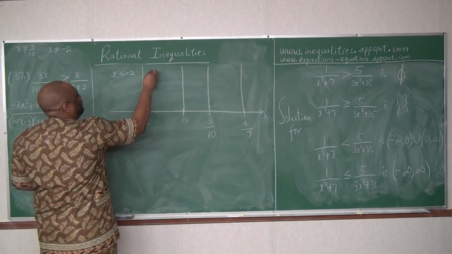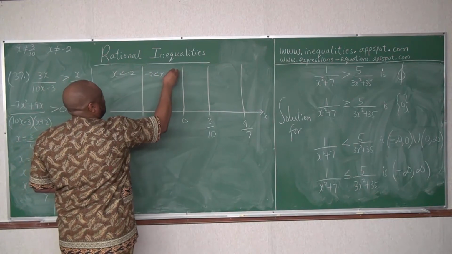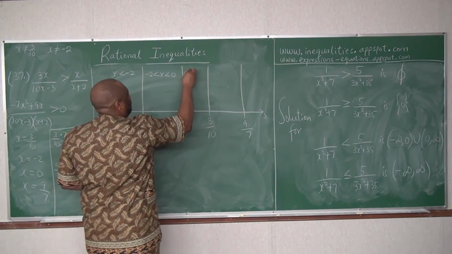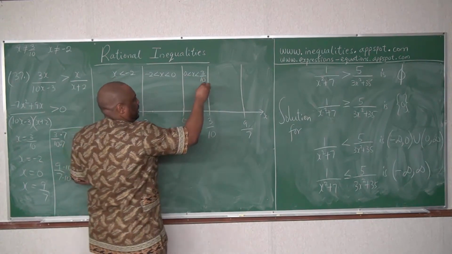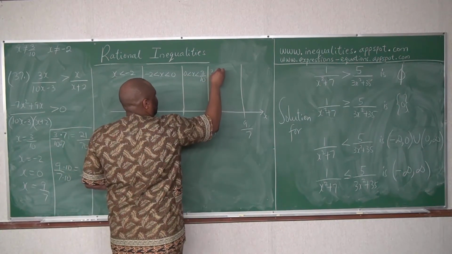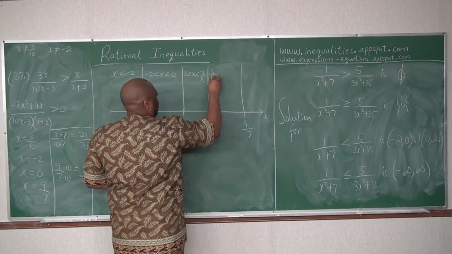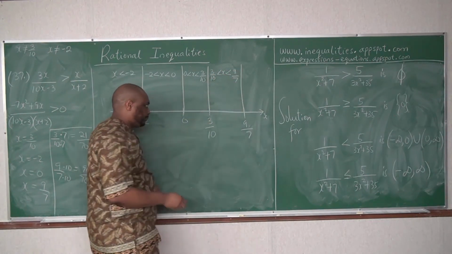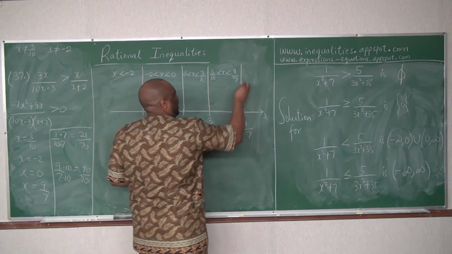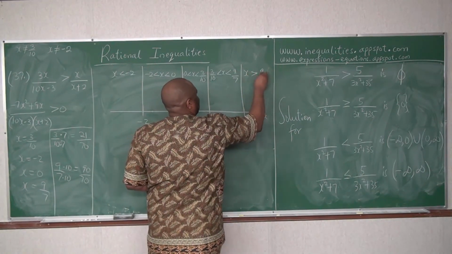Here we have negative 2 less than x less than 0. Here we have 0 less than x less than 3 over 10. Here we have 3 over 10 less than x less than 9 over 7. Here we have x greater than 9 over 7.